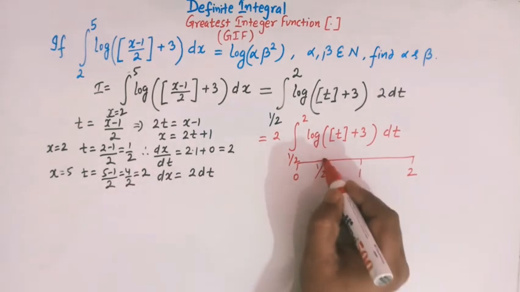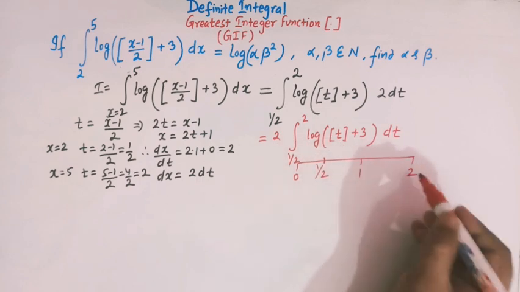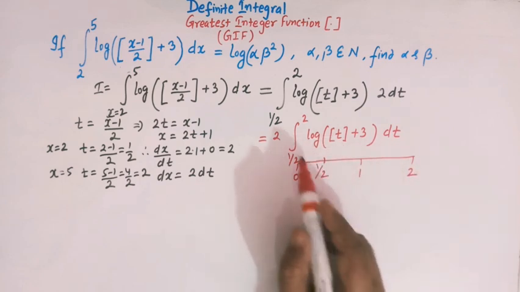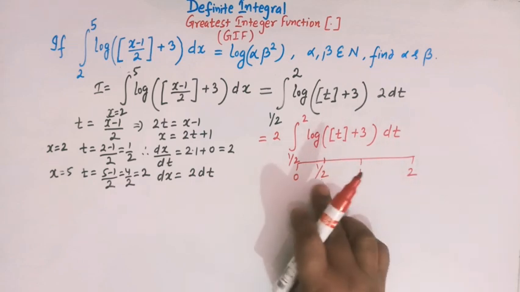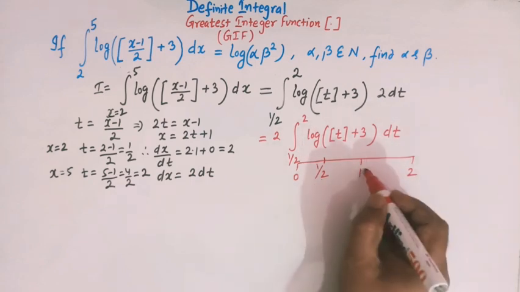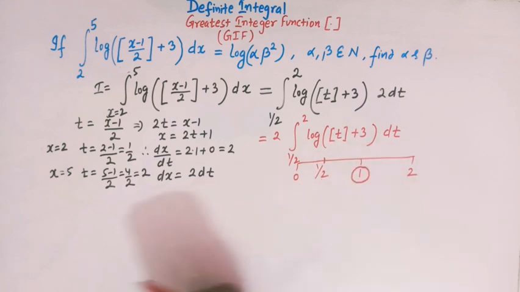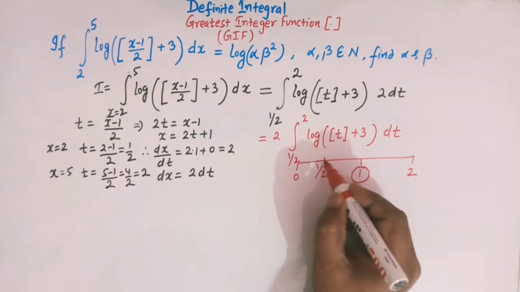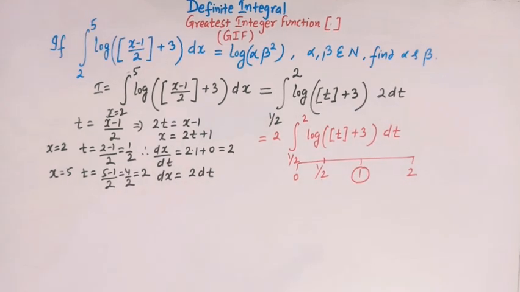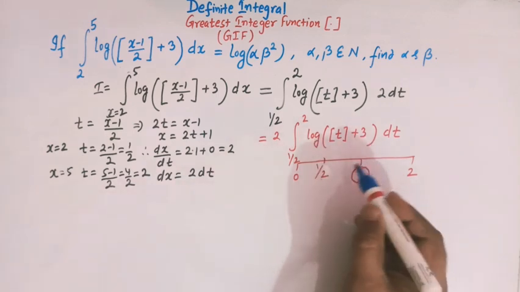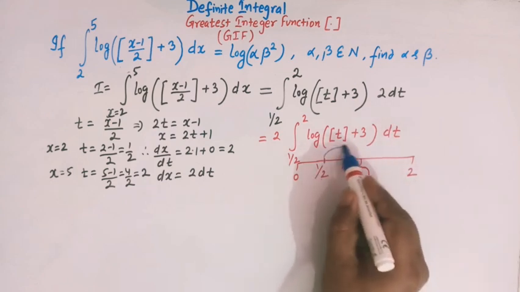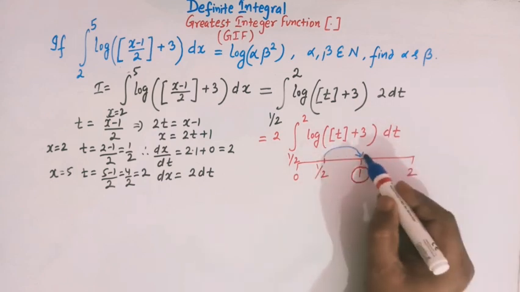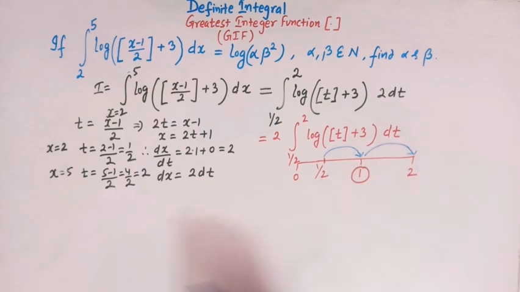So this is half, this is 1, this is 2, and the limits of integration are from half to 2, and between half and 2 we have this integer 1. So we'll break this integral as a sum of two integrals. The first one is from half to 1 and the second one is from 1 to 2.